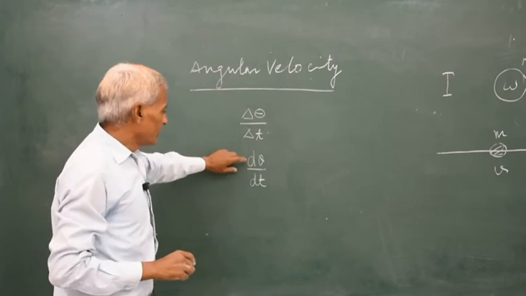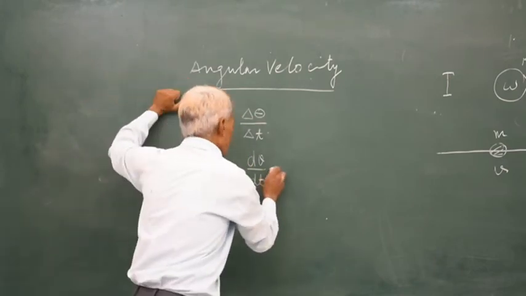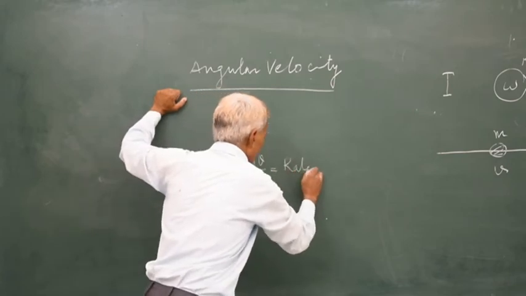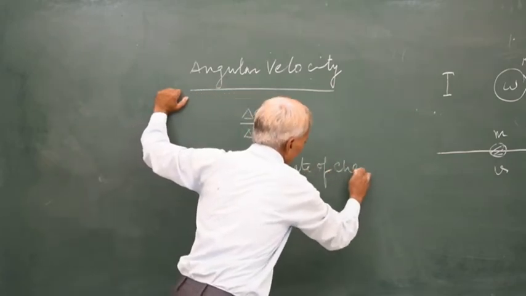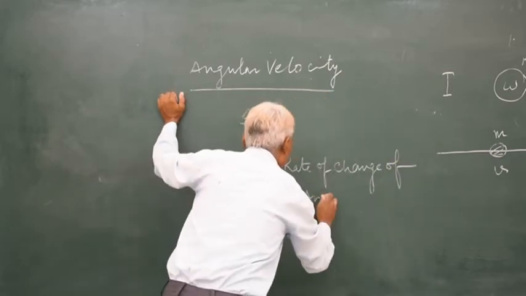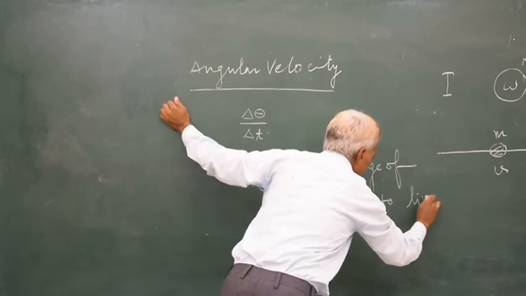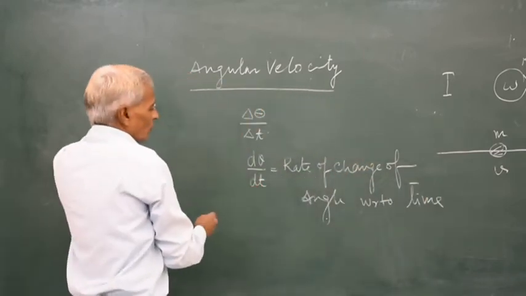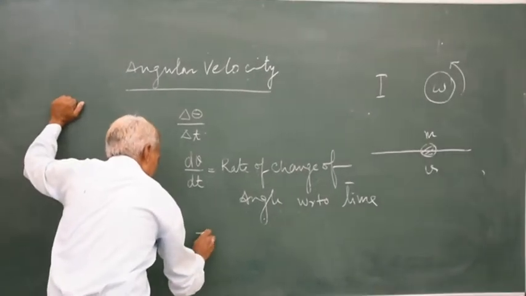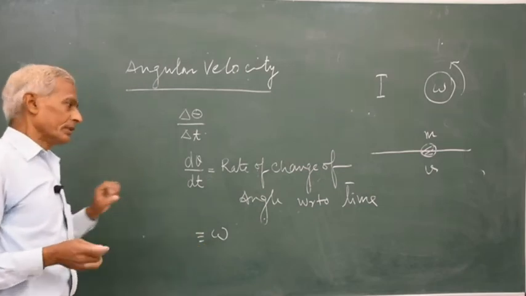Rate of change means change in angle divided by change in time. This is the rate of change of angle with respect to time, denoted by omega. This is angular velocity.